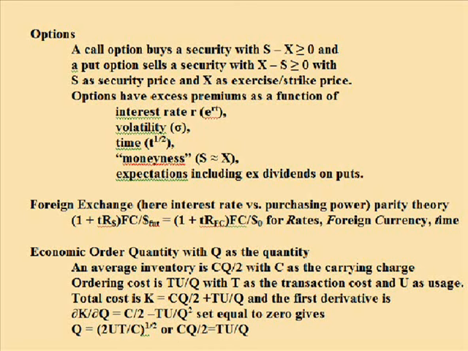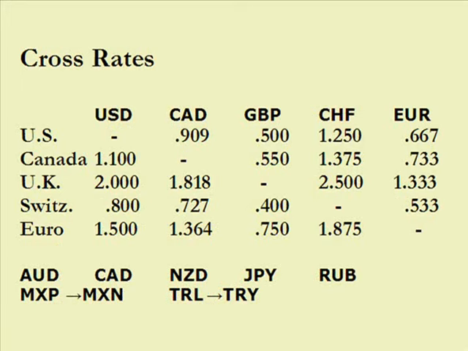The valuation of options is a function of time, generally the square root, the volatility, the standard deviation of the security, the moneyness between the exercise, or strike, price, if you will, and the security price, expectations, including the possibility, especially for puts, of dividends, and interestingly instantaneous compounding of interest rates, where they use that e computation we looked at earlier.